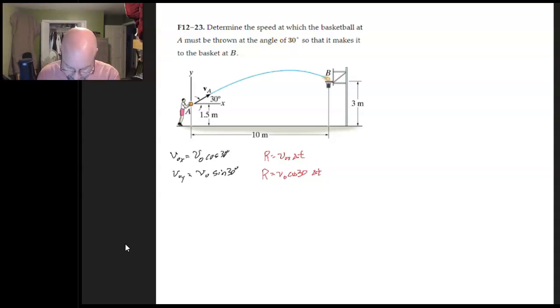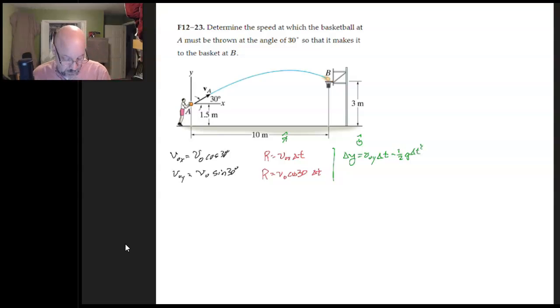Now, that's our x information. Let's get our y, our vertical information here. So we're looking at delta y. It's v naught y delta t minus 1/2 g delta t squared.